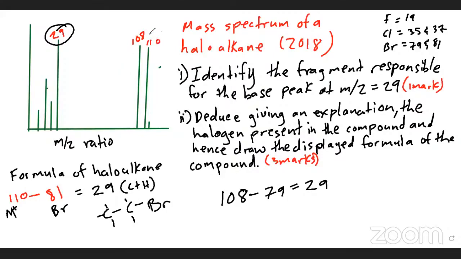However, this is an isotope. We now know that this is bromine, which has masses of 79 and 81. So when you're using the 110, you have to use the heavier isotope, and the 108 is the lighter isotope. We use the 110 because that's the heaviest ion, the molecular ion.